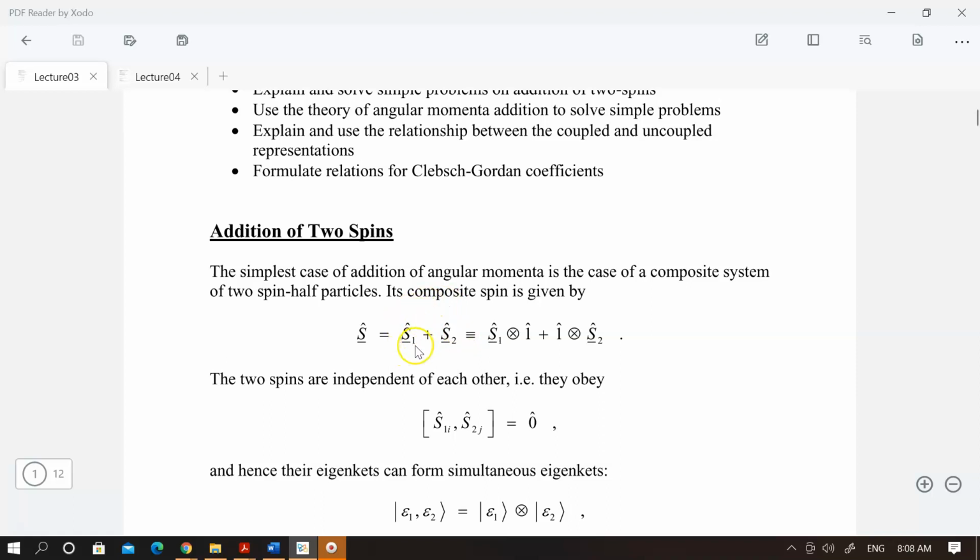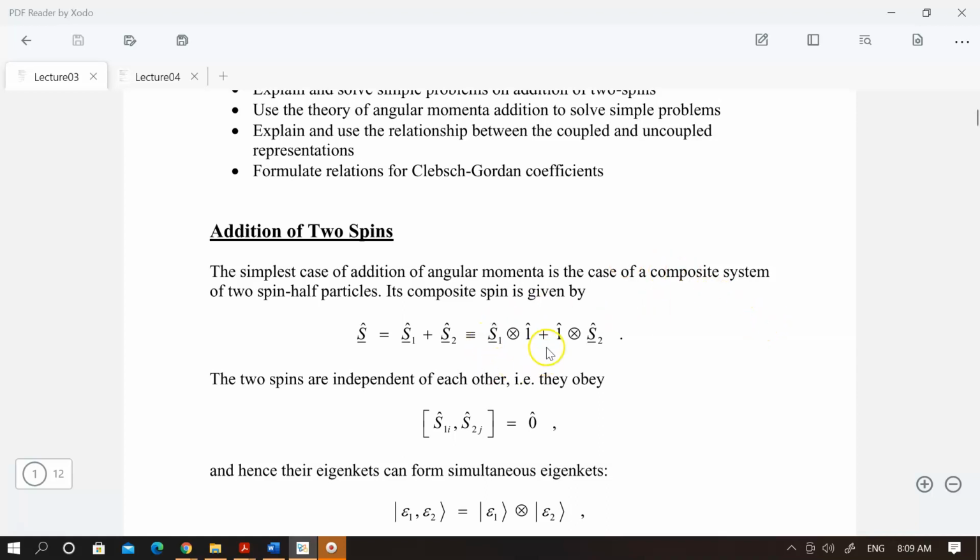But one should remember that the operators are going to act on a particular Hilbert space. So in other words, the two spins being independent of each other, one ought to have the tensor product of the Hilbert spaces of the individual spins.